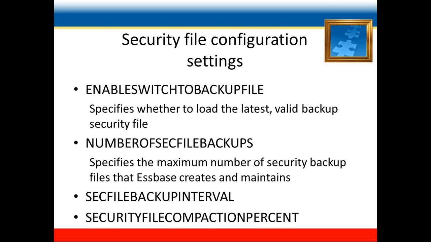Amongst all settings here, one of the important settings that I have mentioned is enable switch to backup file. Specifying this setting will enable an automated switch to the backup file. So whenever the Essbase server or service is started, a valid backup file will be searched for on your Essbase system, and that will be used as the security file if your current or existing security file is corrupted.